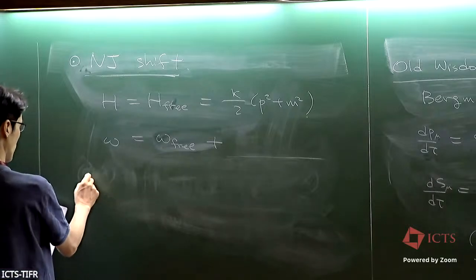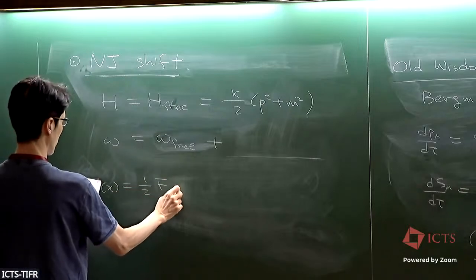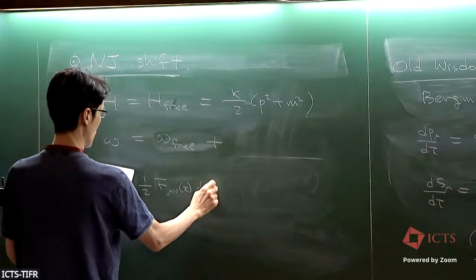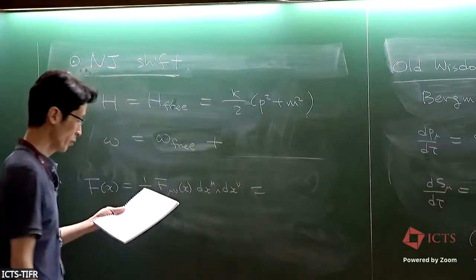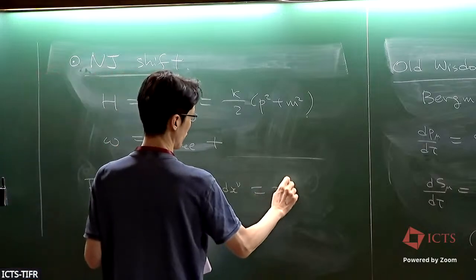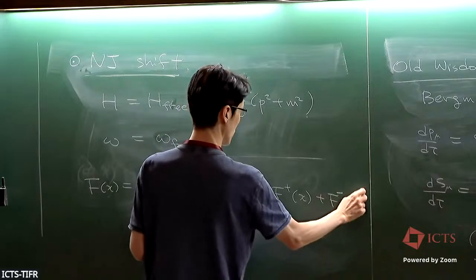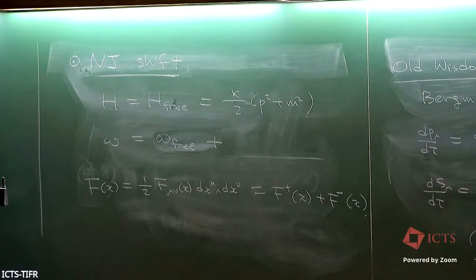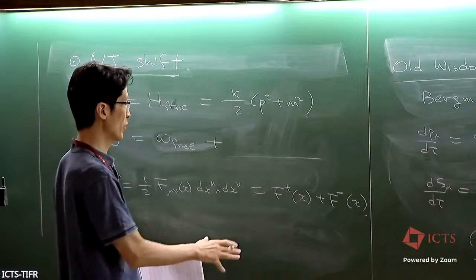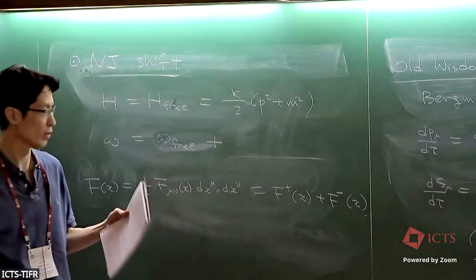And the proposal is that given your background field strength, you split the self-dual part and the anti-self-dual part. You can always do that. And then you apply the Newman-Janis shift in a way that couples the holomorphy of the complex variable to the self-duality of this field strength.